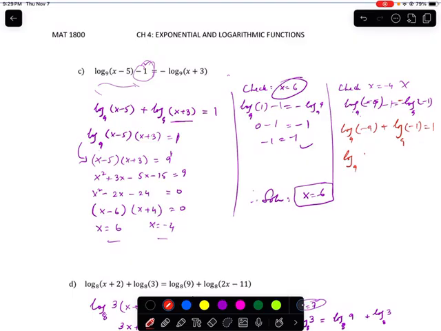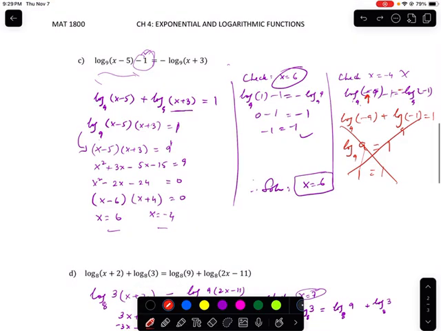So -9 into -1 is 9. So you get 1 is equal to 1. But you cannot do this because of the negative sign inside the argument of the log. So that is not a solution. So the only solution is x is equal to 6. That is why it is important to check.